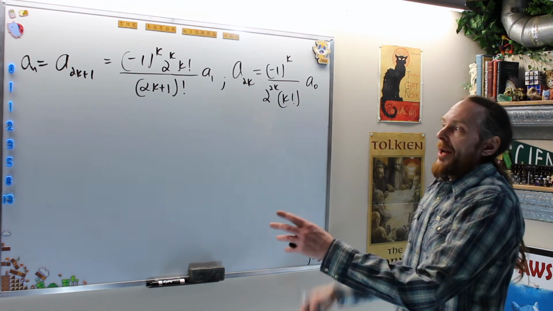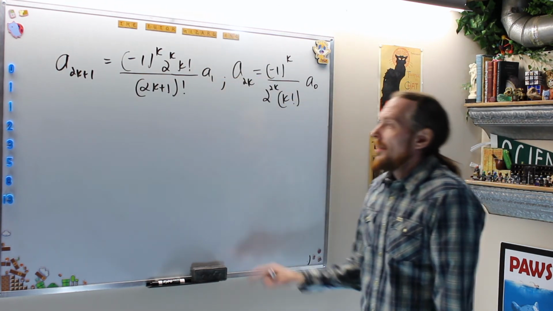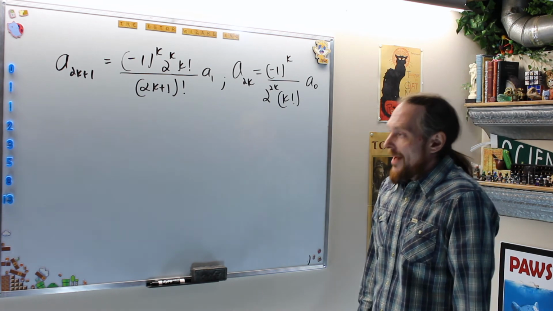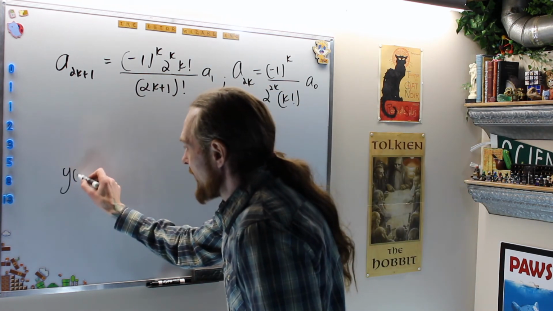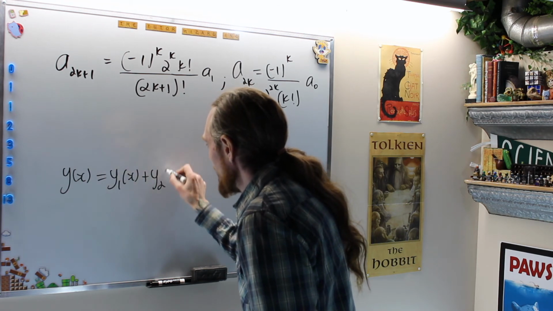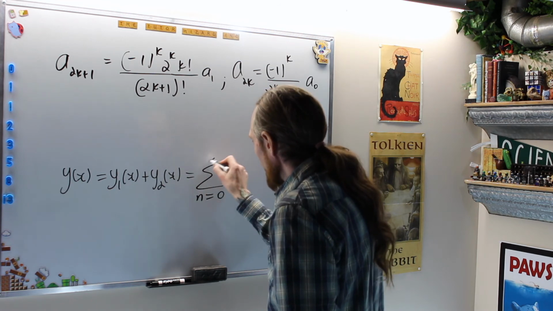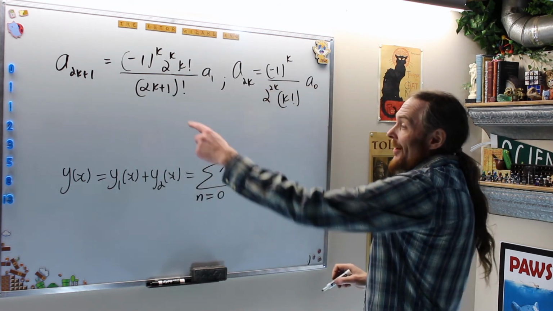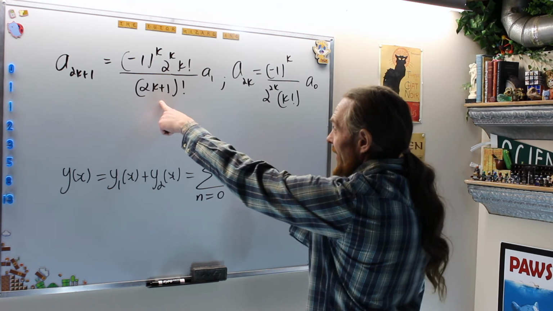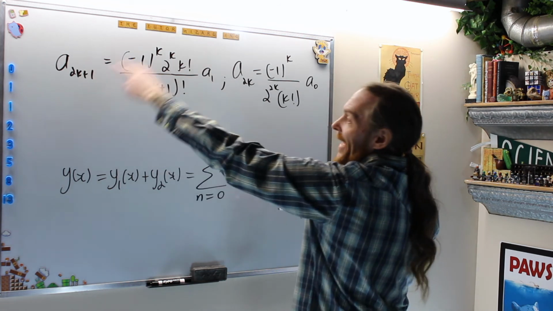So now what I'm going to do is write the power series general solution of this ODE, originally y1 of x plus y2 of x, which is equal to the sum from n equals 0 to infinity of an. When n is odd, I'm putting n where k is now.